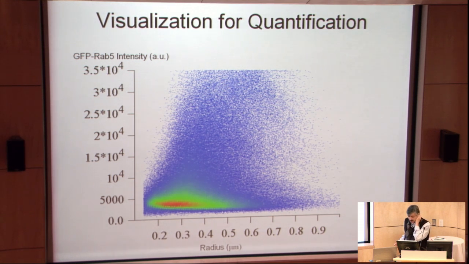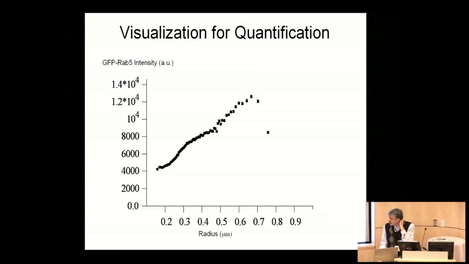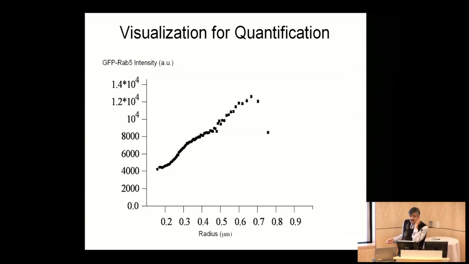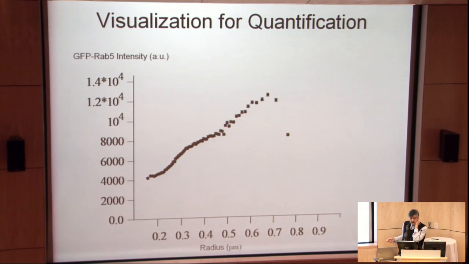But if I present this in a slightly different way, taking every individual bin and averaging the intensity, I see quite an interesting curve. I see a dependency: the mean value grows along the radius, then starts to fall, at this point significantly down. So this is very different.